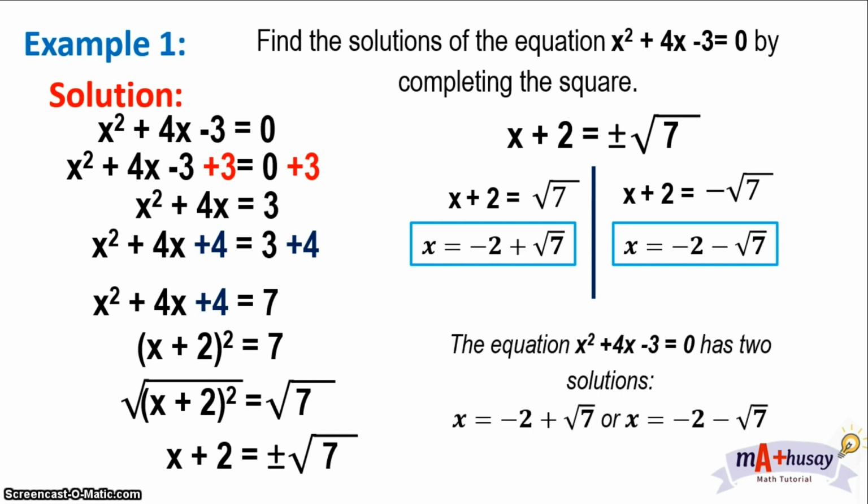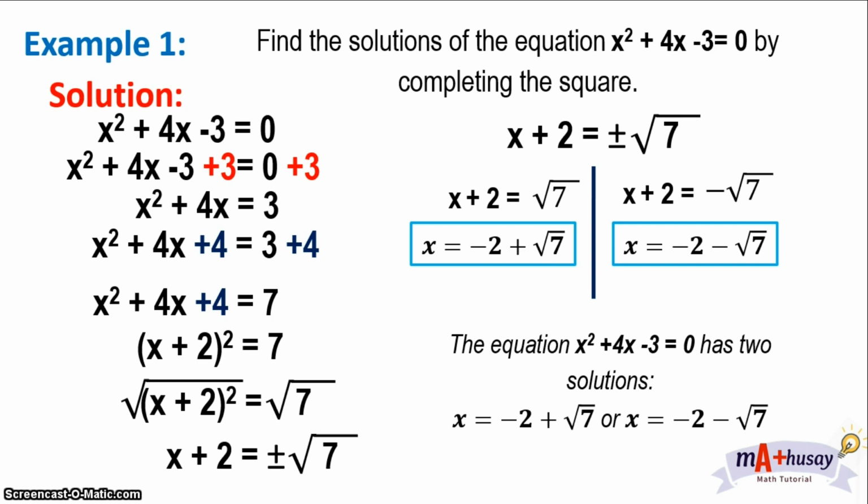Therefore, the solutions of the equation x squared plus 4x minus 3 equals 0 are negative 2 plus square root of 7 or negative 2 minus square root of 7.